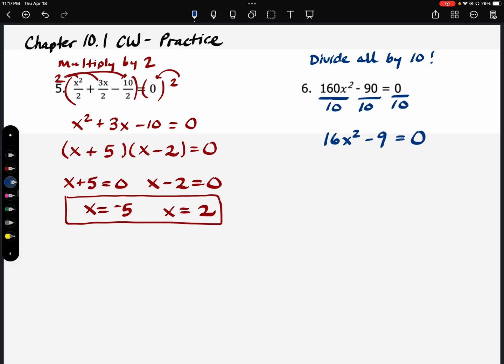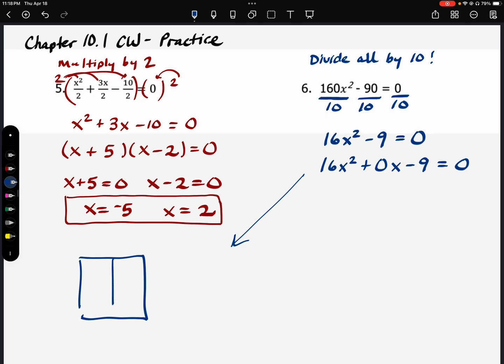Now you still have a couple options for solving this. I think some of you are capable of factoring here, and I will show you, in case you forgot what a difference of squares is. I'm going to go ahead and put my 0x in the middle, and now this should be factorable. I'm going to factor this down here. I've got my box, I've got my diamond, I've got 16x squared, negative 9.